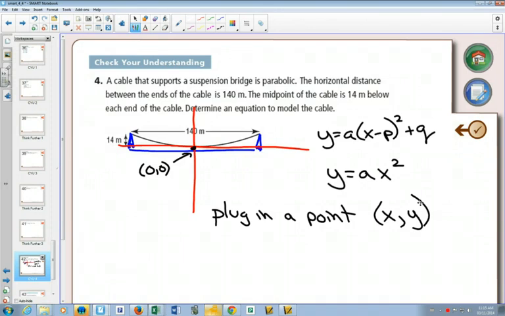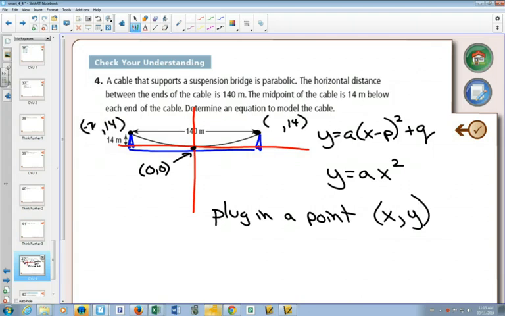Now we have to look back at our picture and figure out, is there another point on the parabola that we could label? We already labeled our vertex as 0, 0. Right there or right here. Since that goes up 14, you know the y-coordinate is 14, right? For both of those. What would the x-coordinate be for these?